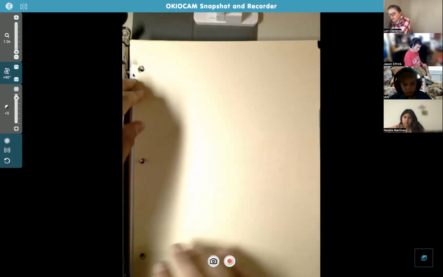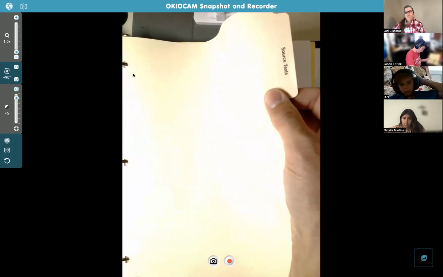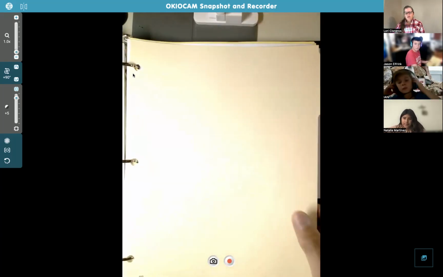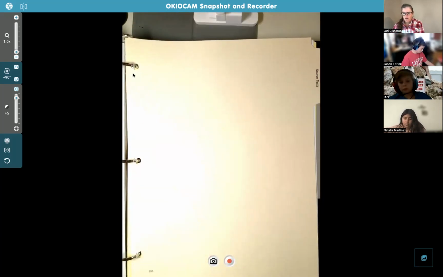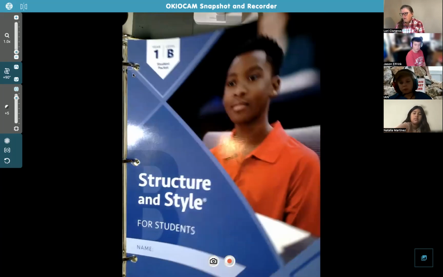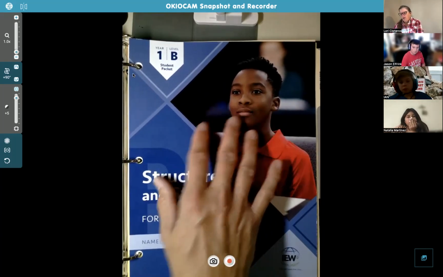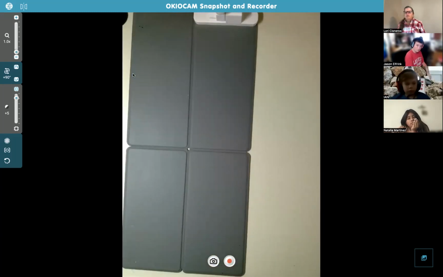You're going to put your tab right there. This is the source text tab. Stick it on top of that. And then that's all we're going to do for today as far as organizing. So then you can close your rings, put this back on top, and then close your binder. And you can put your binder away.